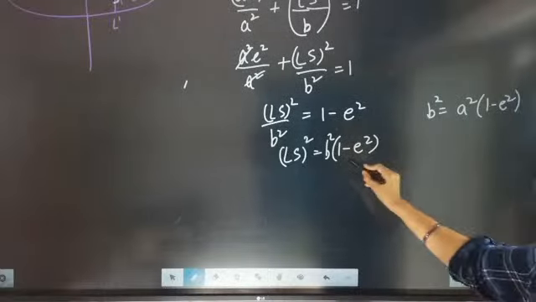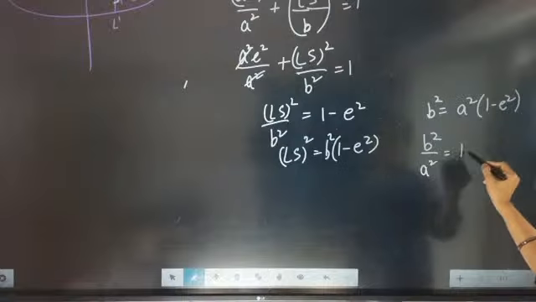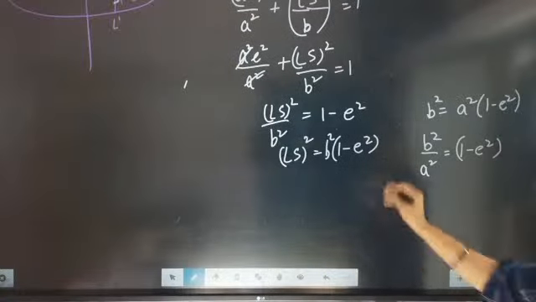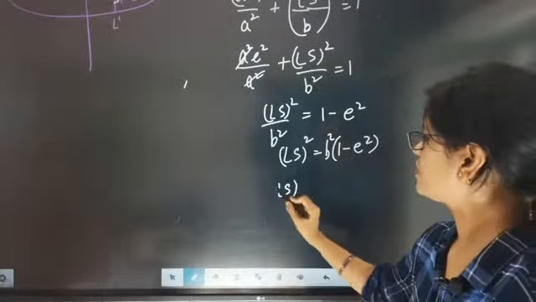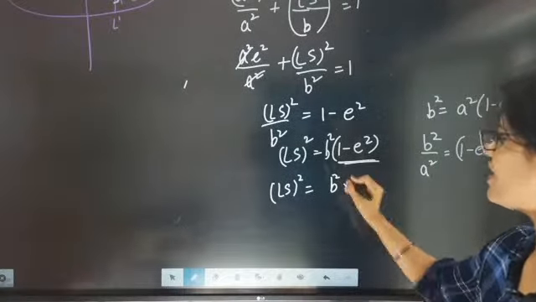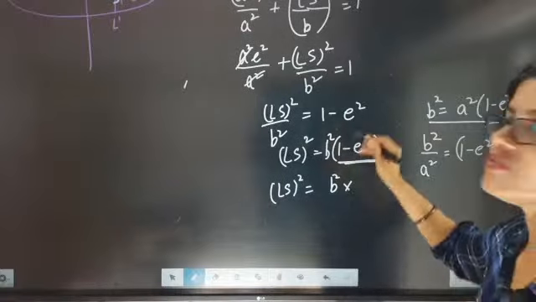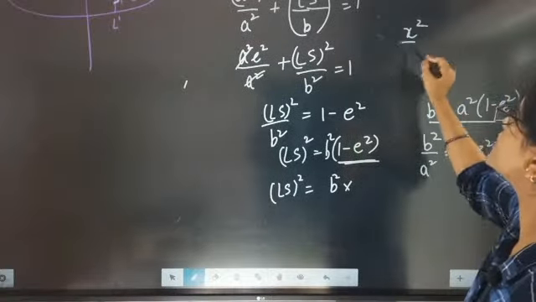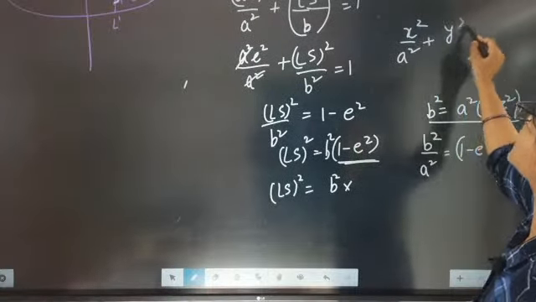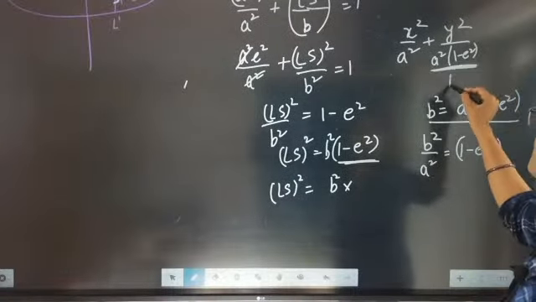In the general equation of the ellipse we have written it like this, a square into 1 minus e square, and this we have taken as b square.